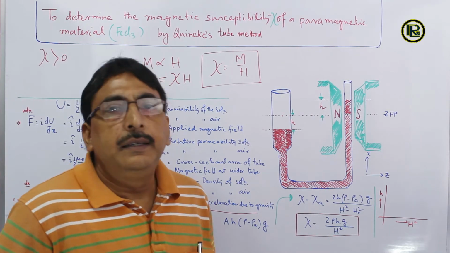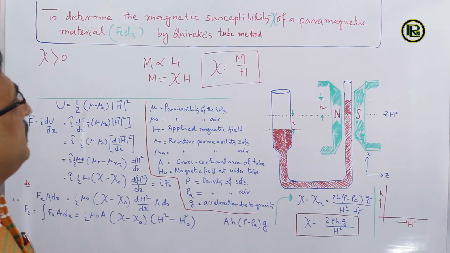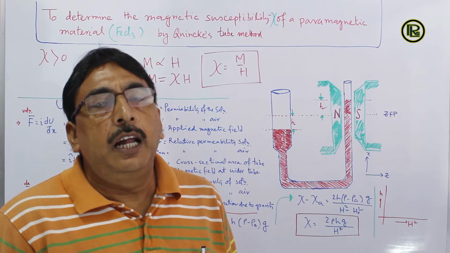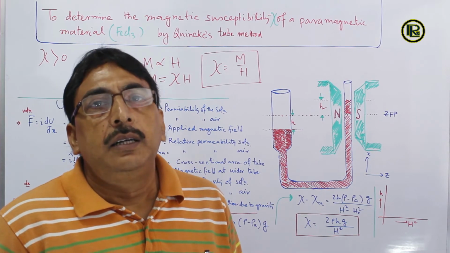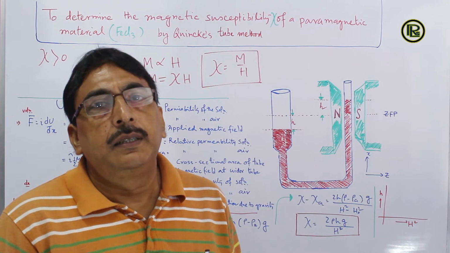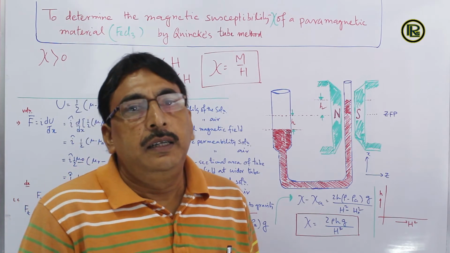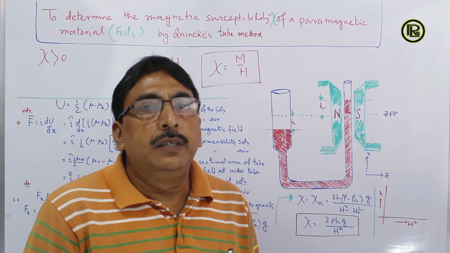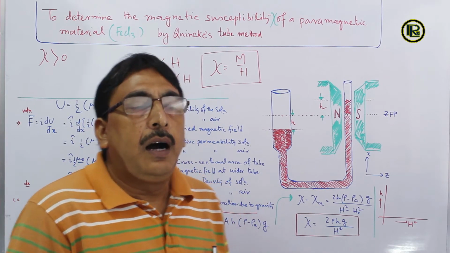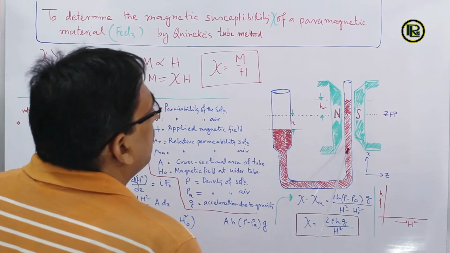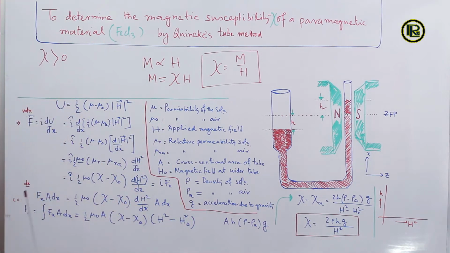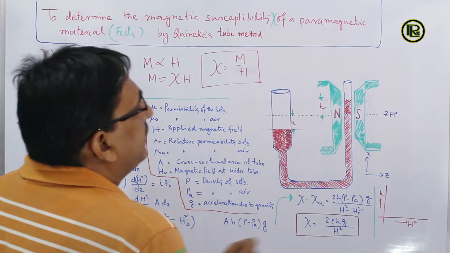Though this chi is an electromagnetic phenomenon and can be determined by the measurement of electric or magnetic parameters, here instead we are using a simple mechanical measurement of how the liquid within the tube rises with the application of the magnetic field.